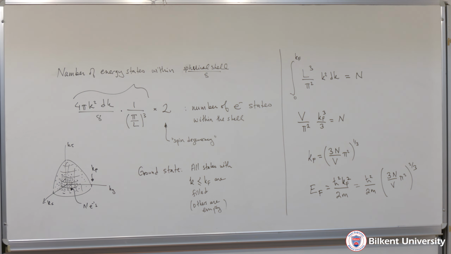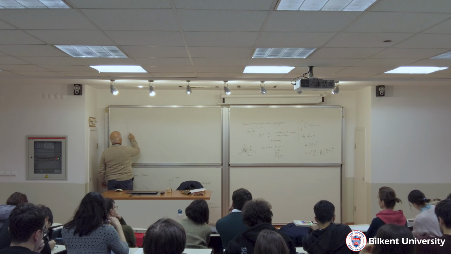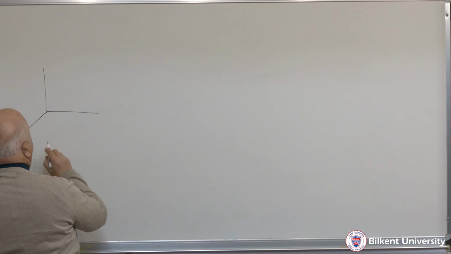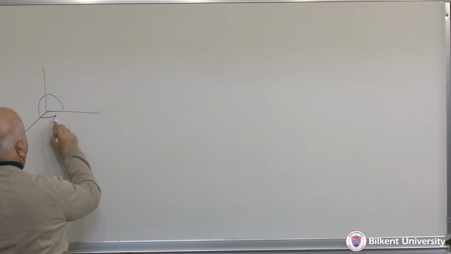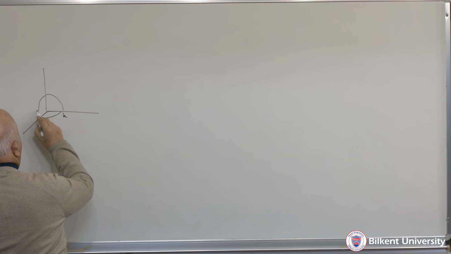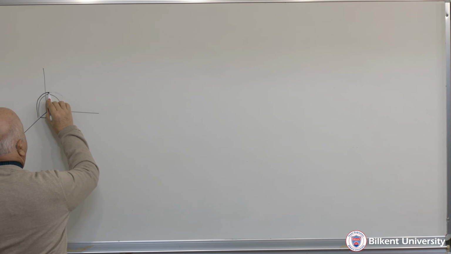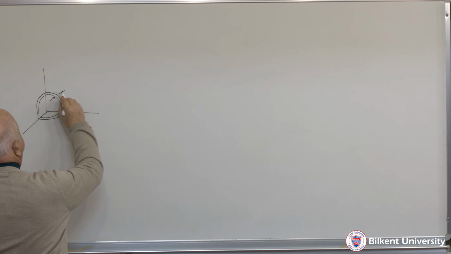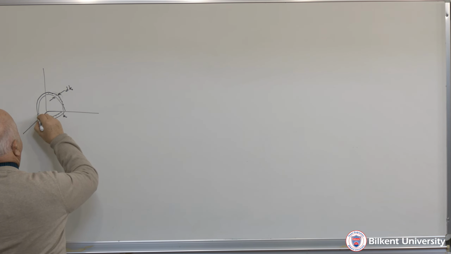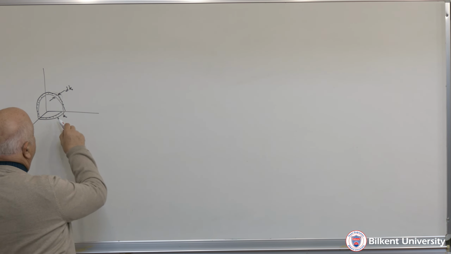Well, if I just look at that plot again, I'm just going to go to a certain k and take a thin shell so that its thickness is dk. So I know how many points there are in this interval, but I also know their energies.